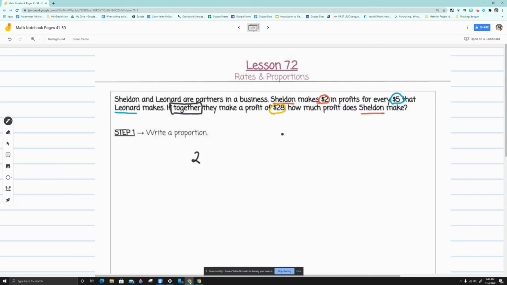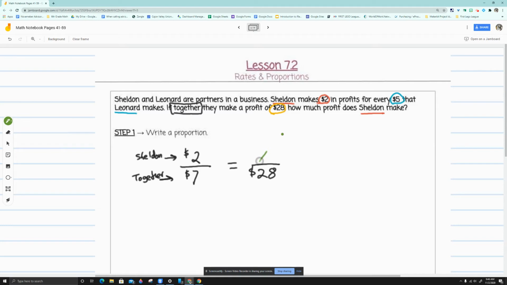I'm going to make $2 to $5 plus $2, which is $7. So this is how much Sheldon makes, and this is how much they make together. Now that I know that, I can make an equivalent ratio and say, well, if they made $28 together, then how much did Sheldon make?